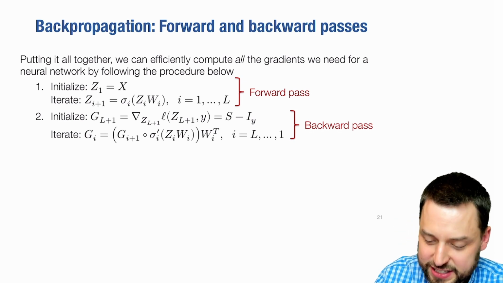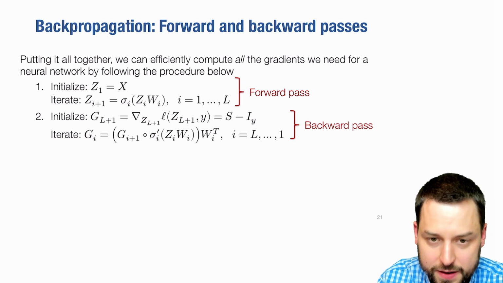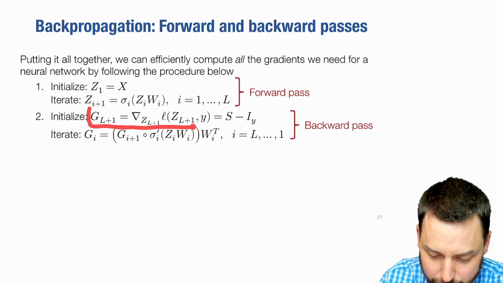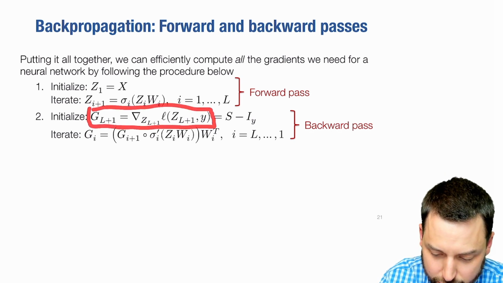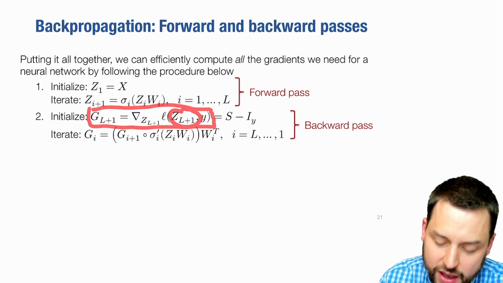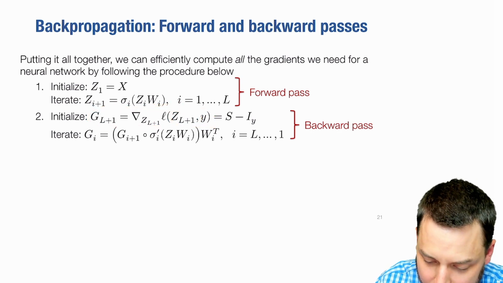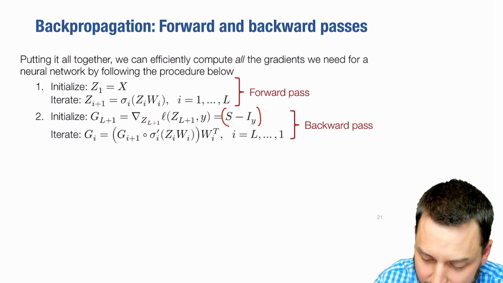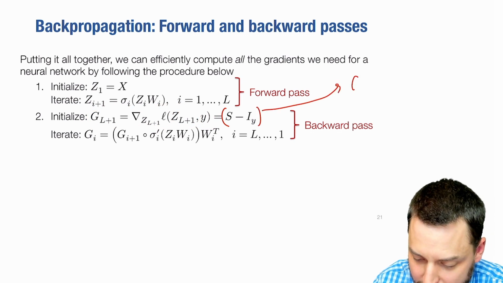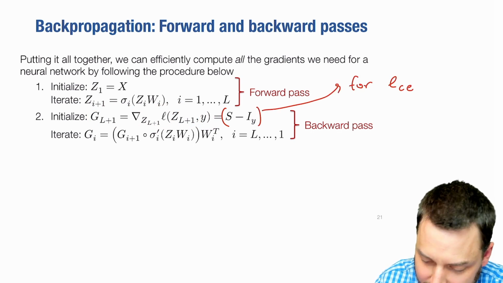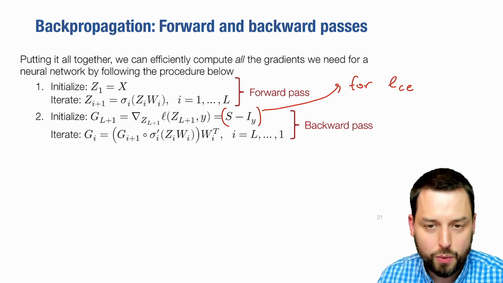What the backward pass does is it first initializes the last backward gradient, which would just be the gradient of the loss with respect to the last unit itself. I should qualify this: in the case of cross entropy loss, this would be equal to that S minus Iy term you saw before.